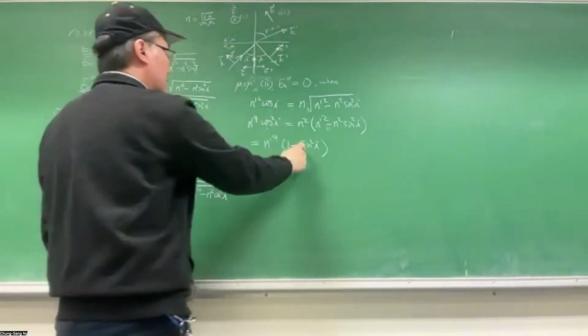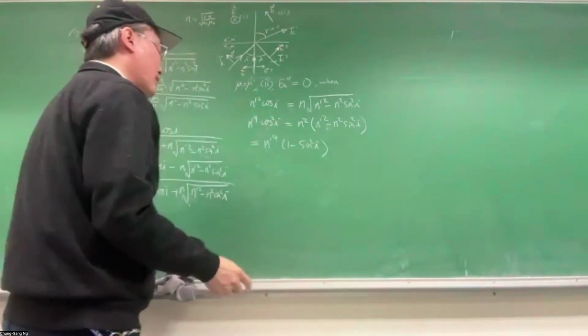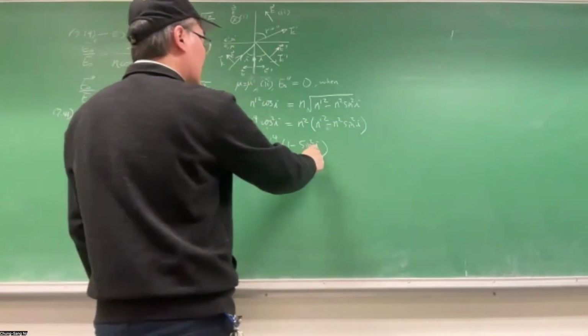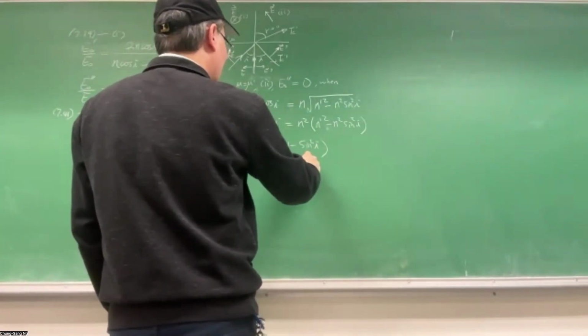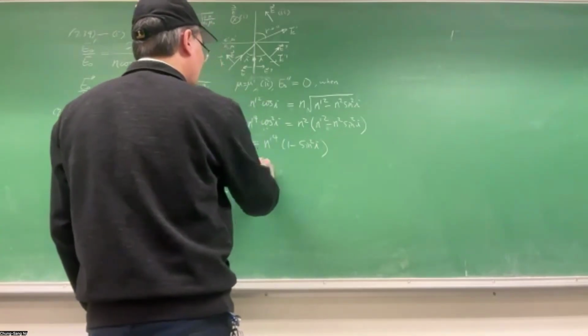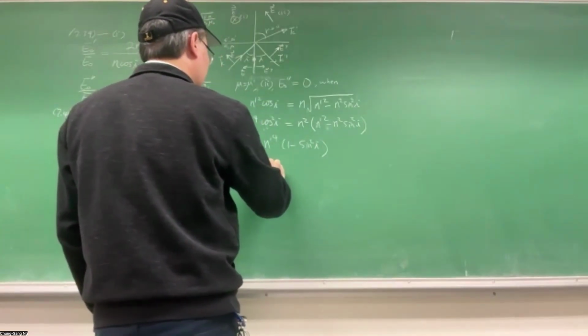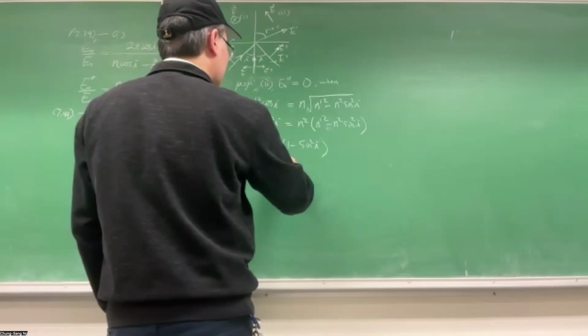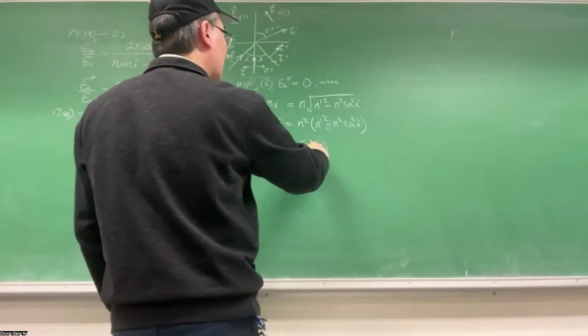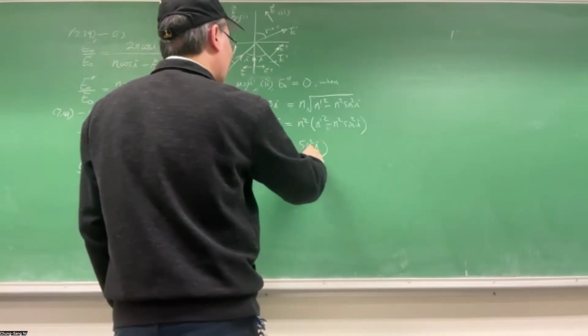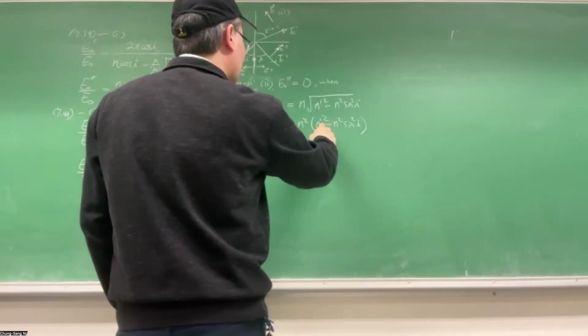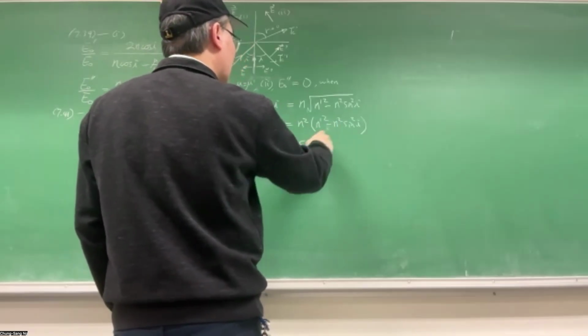That's just the trigonometric identity. Now you group the terms of sine square I, and move this to the other side.